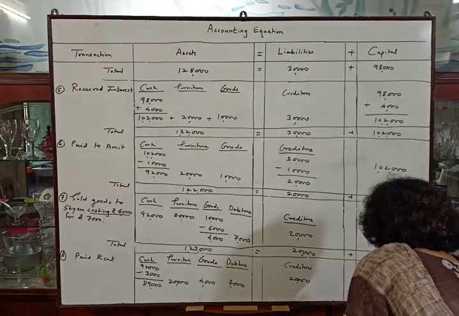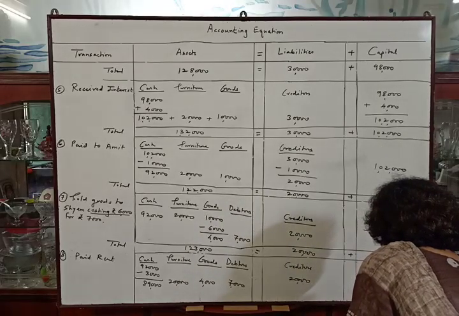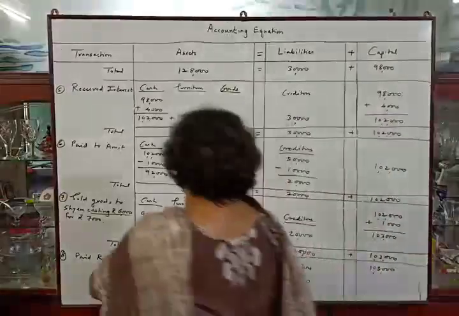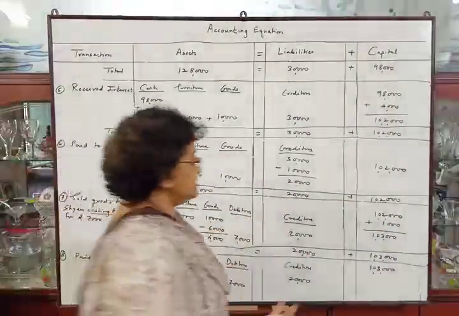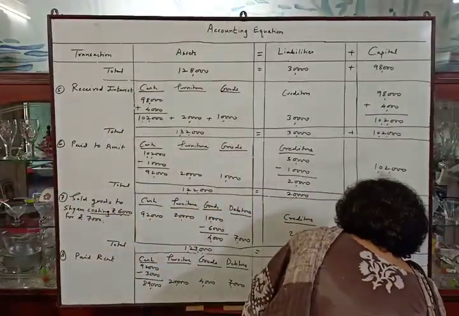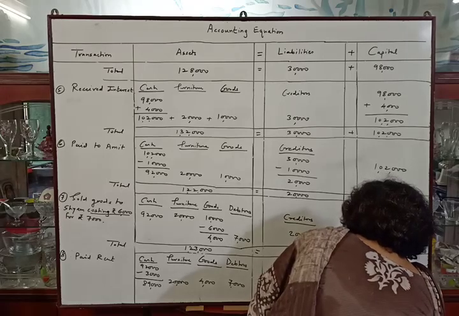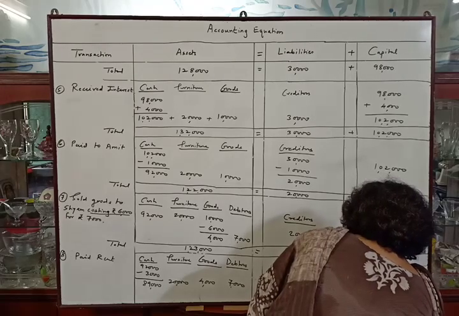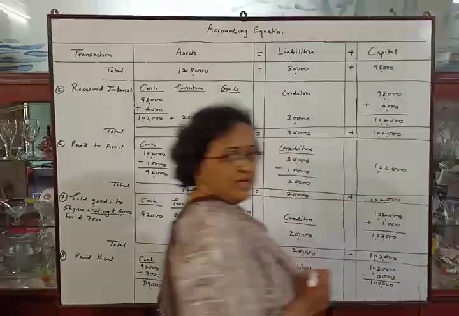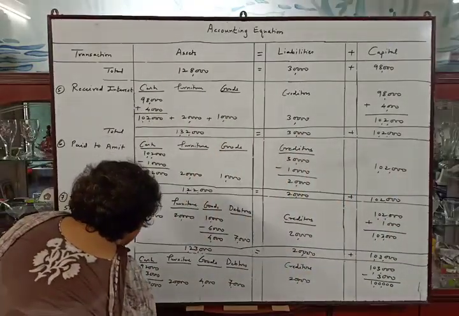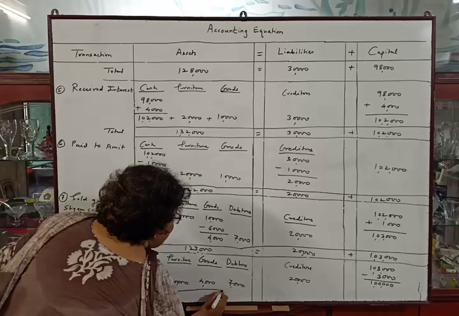was rupees 1,03,000. And as this rent is our expense, we have to deduct expenses from capital. So minus 3,000, it will be 1 lakh. Okay. And let's tally and get the final equation.